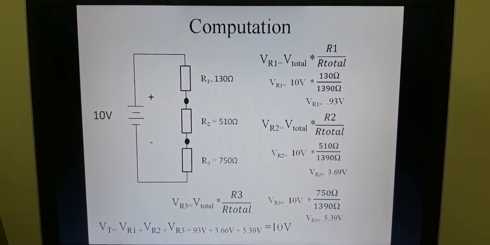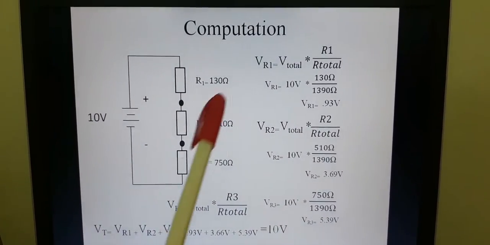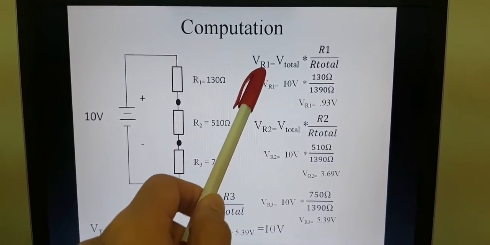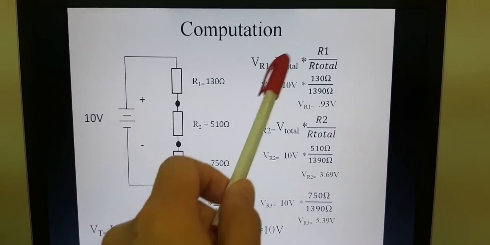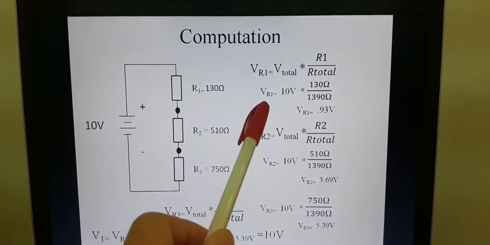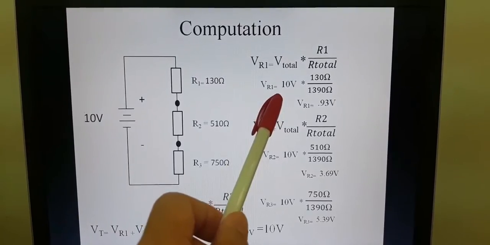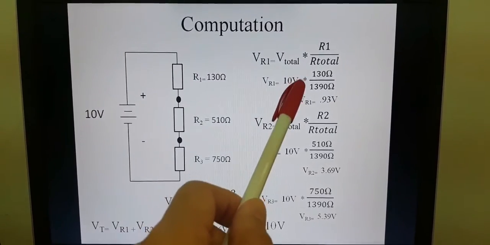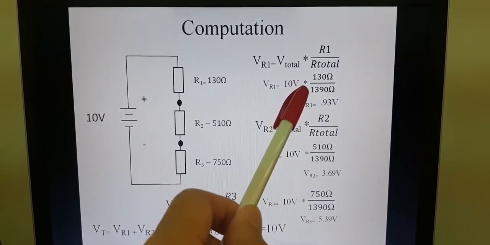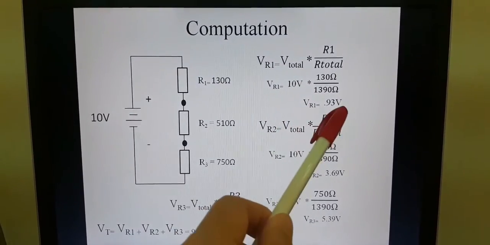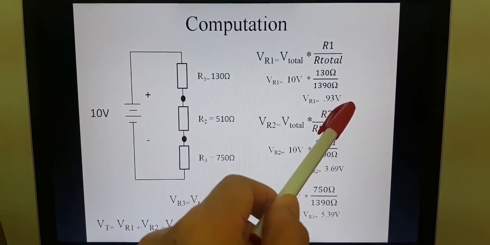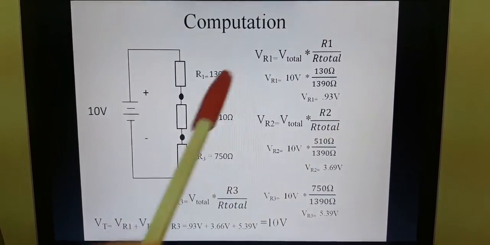So the formula is voltage drop across R1 is equal to total voltage times R1 divided by total resistance. So VR1 is equal to 10 volts times 130 ohms divided by 1390. So the voltage drop in R1 is 0.93 volts.